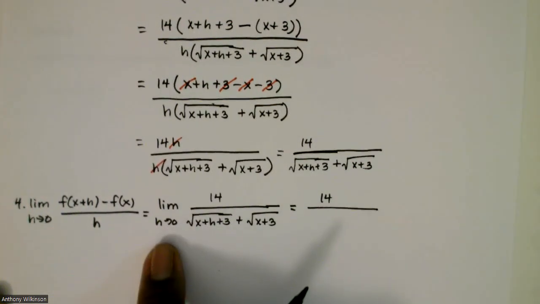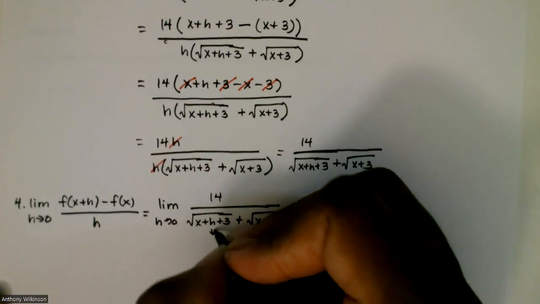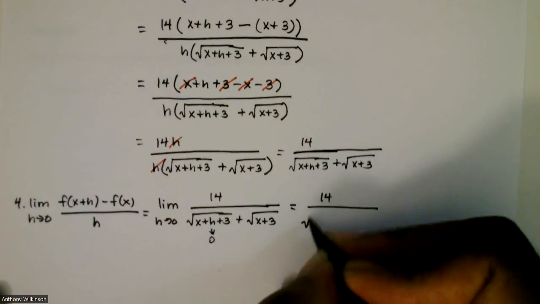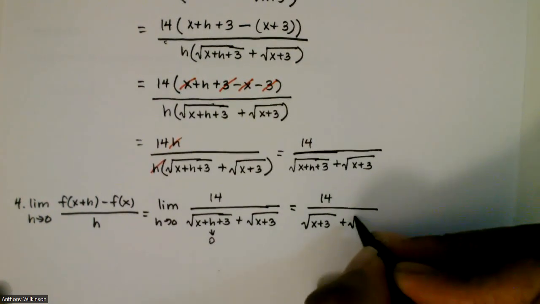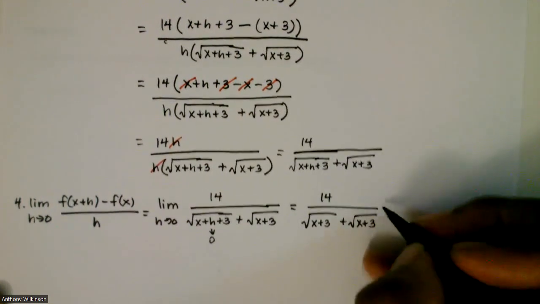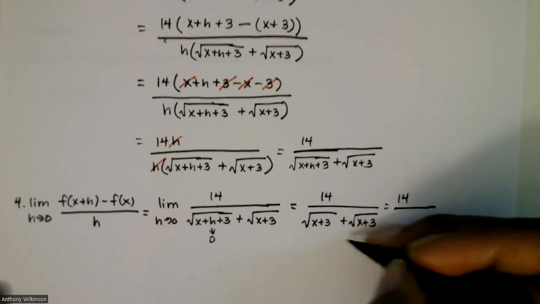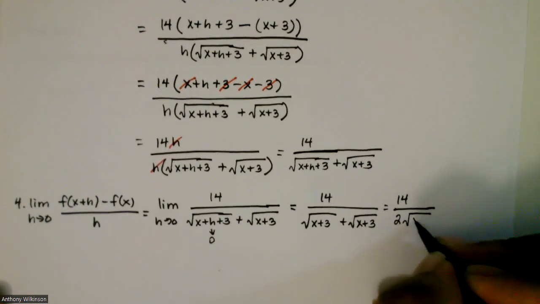As we let h approach 0, this h right here will go to 0. So that means I'll have the square root of x plus 3 plus another square root of x plus 3. Notice I got 2 of them, so I can write this as 14 divided by 2 square root of x plus 3.